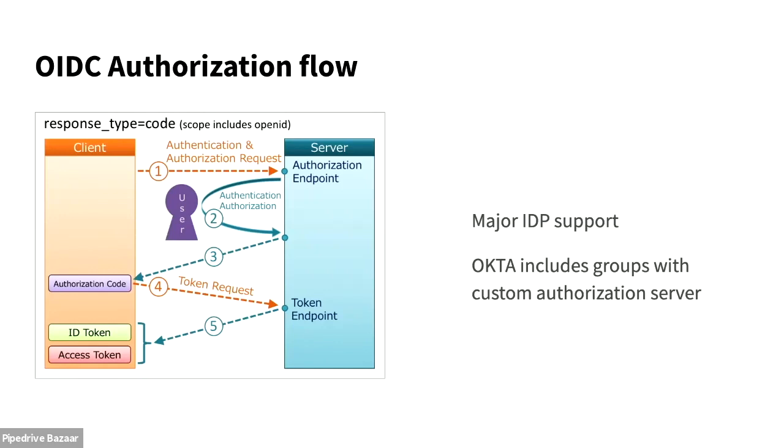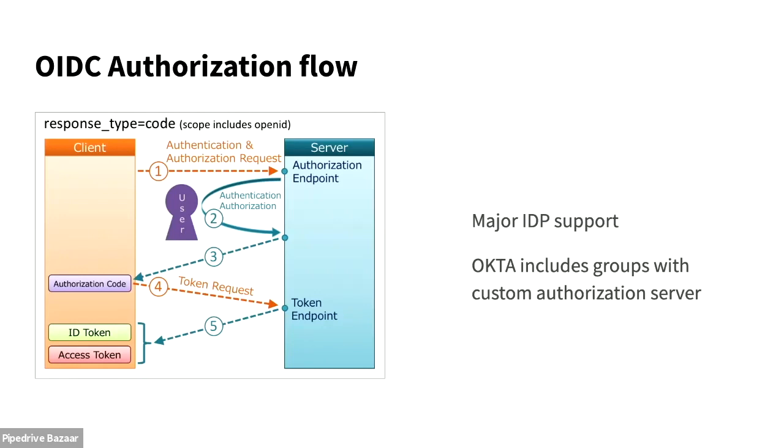And if you remember the previous slide, the ID token is the one that I'm interested in. If you use Google or GitHub, that's the flow that they support out of the box.